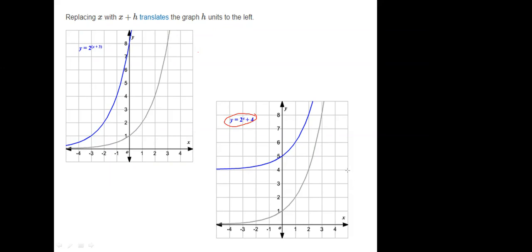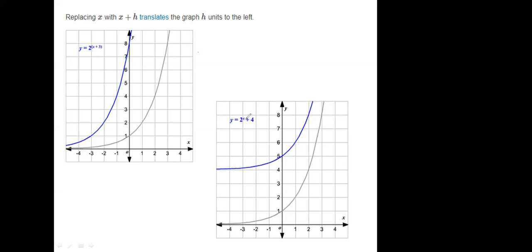So we will have the horizontal asymptote here, and the function 2 to the x is moved 4 units upwards. If we have minus here, it will go 4 units down.